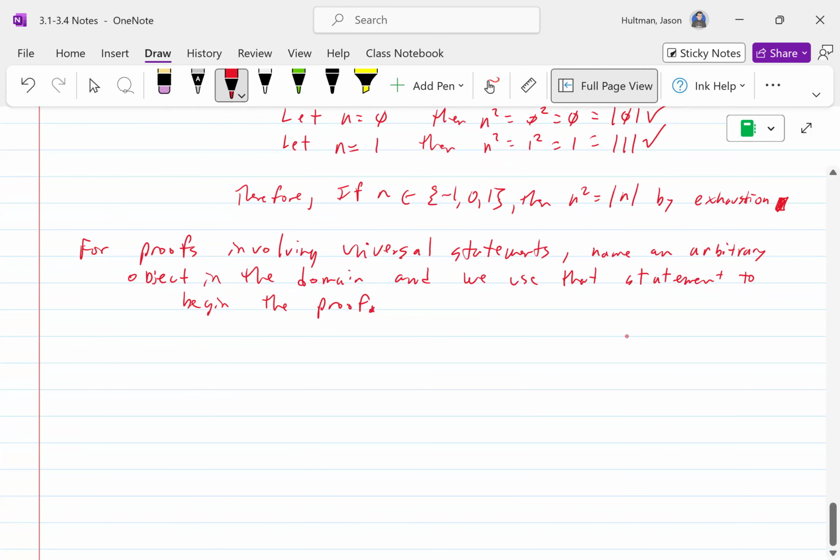Okay. For example, example 3. Okay, begin the proof of the theorem. Let's just begin the proof of the following theorem.